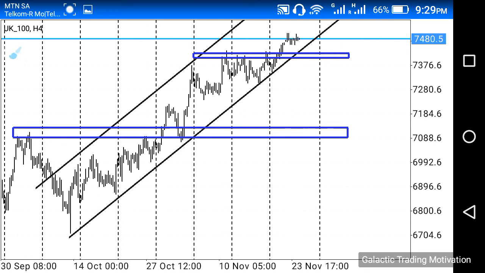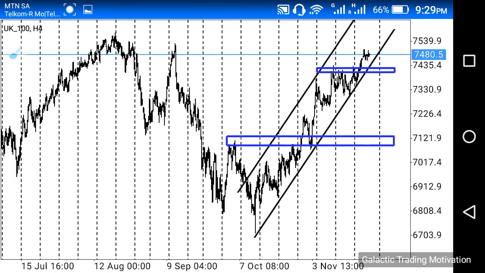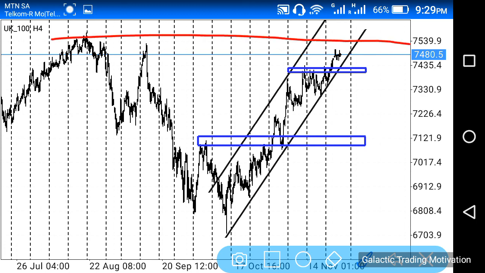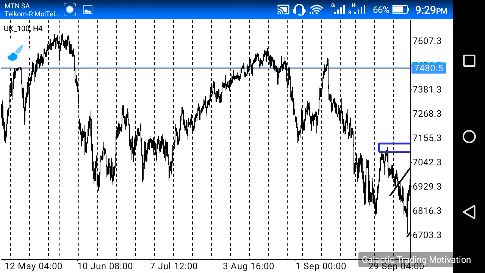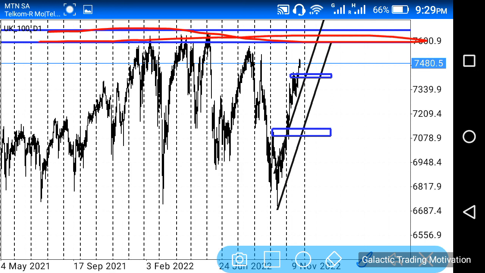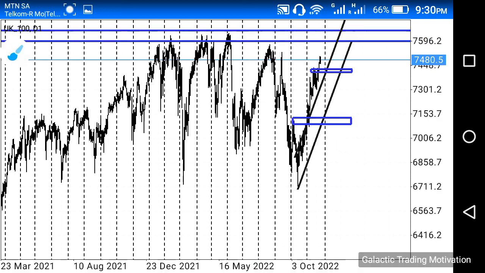Nonetheless, having said that, guys, remember that on the bigger time frames we spoke about this level over here. In fact, let me just go back to the daily chart, or rather we spoke about this level over here, and we said that it's a very strong level of resistance, right? To add to that, let me just zoom in a bit.